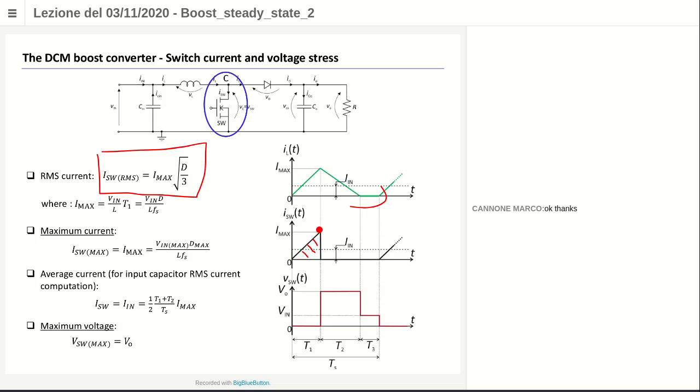The average value is I max multiplied by the duty cycle, and if you get... I think that this is an error here, sorry, but I'm just looking at this equation. So it's IL average value, which is I in, not I switch.